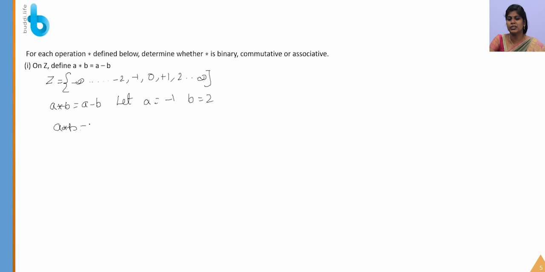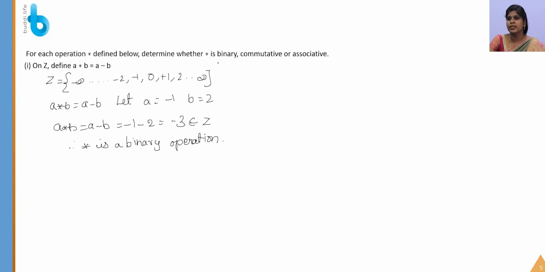Therefore, A star B equal to A minus B, where A is minus 1 and B is 2. So minus 1 minus 2 is minus 3. It definitely belongs to Z. Minus 3 is also an integer. Therefore, star is a binary operation. If we substitute any elements in the operation, you should get an element belonging to the same set on which the operation is defined.